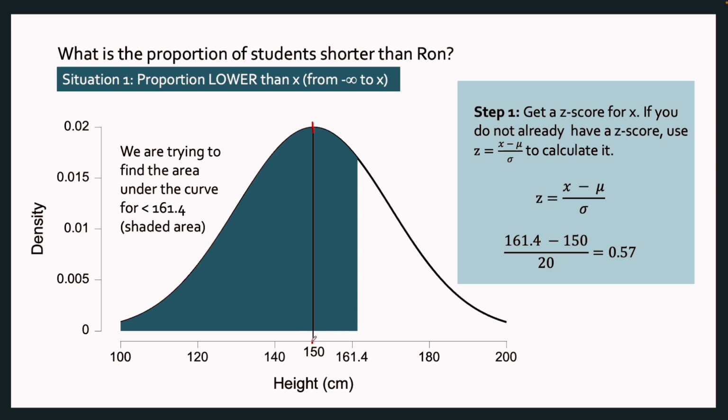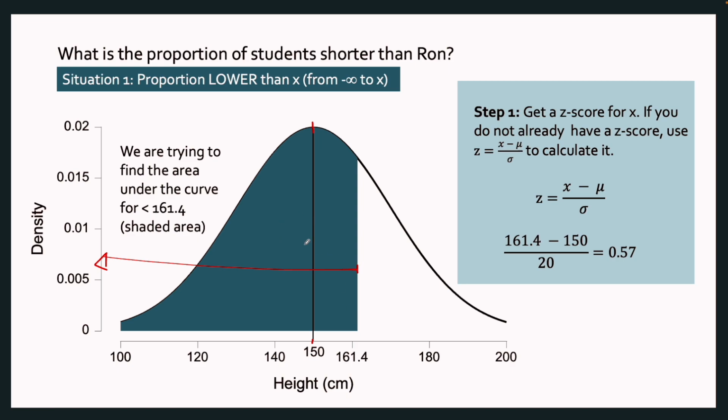If the question does not give you this information, you need to find it, but usually it is given, so you don't have to worry about that. And then the region that we are interested in is the proportion of students shorter than Ron. So this is all the way from Ron's height here. Imagine this is Ron, and all the way to the left. This is the area that we want to find.